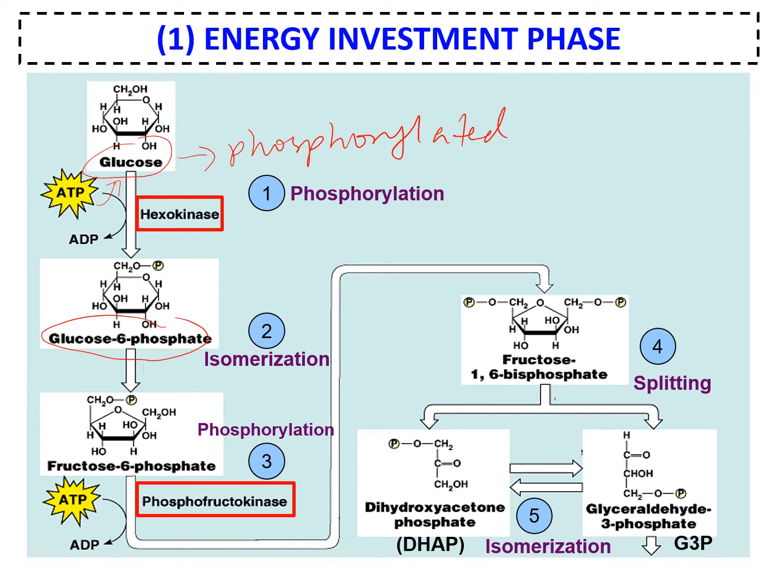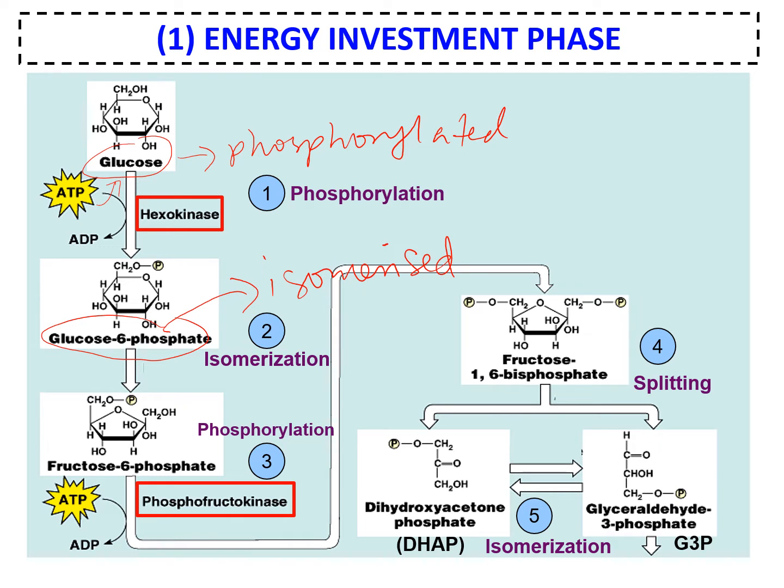The second step is an isomerization process, which involves the rearrangement of the atoms in glucose 6-phosphate to be converted, or isomerized, into its isomer, fructose 6-phosphate. So we can say that glucose 6-phosphate is isomerized into fructose 6-phosphate.